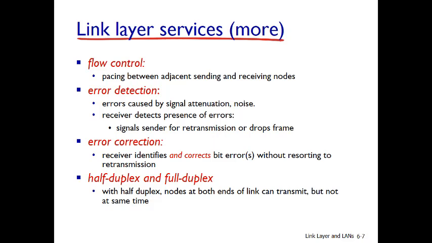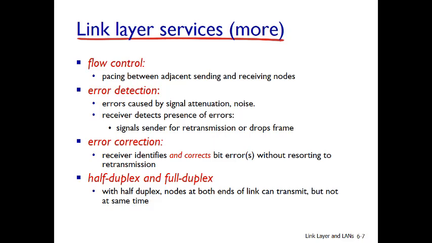Some provide for error detection, such as Ethernet, for example. Okay, and these errors can be caused by signal attenuation or noise, and the receiver can detect the presence of errors, and maybe the receiver then could signal to the sender to retransmit the packet, or it could simply silently drop the frame and leave it up to a higher layer to catch that.